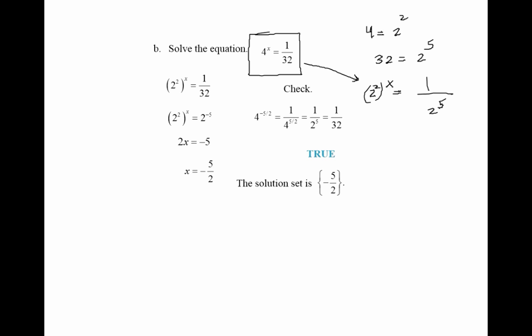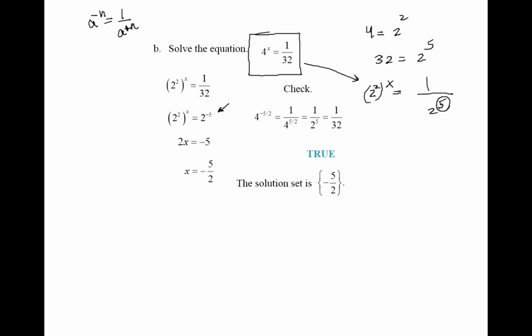If I want to move this 5 to the top of the fraction, notice that a^(-n) is 1 over a^n, so the exponent changes sign. If I move this up, it becomes -5.